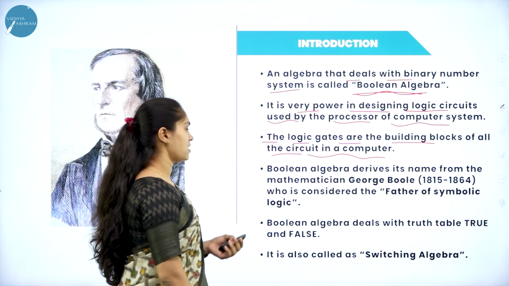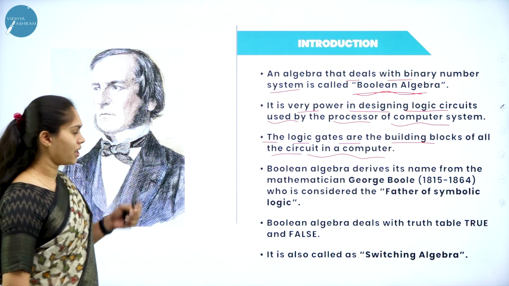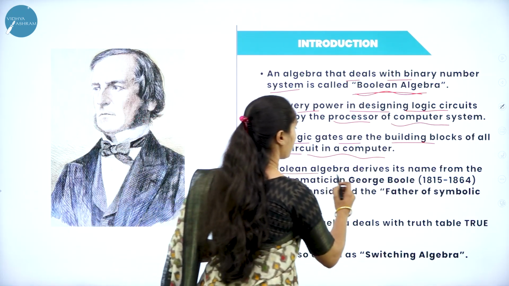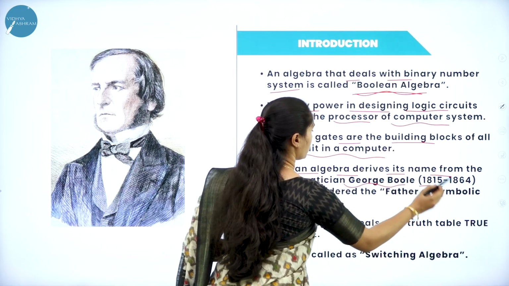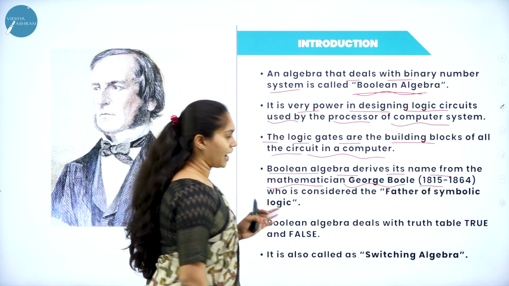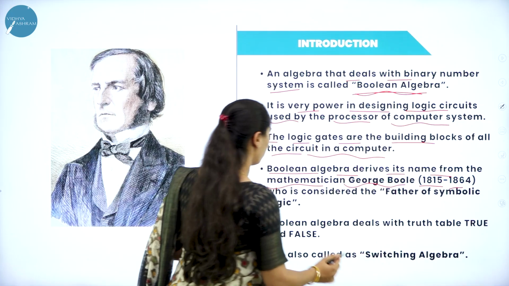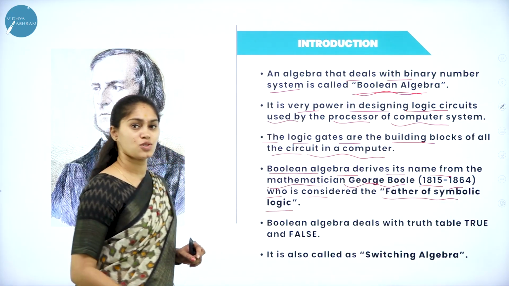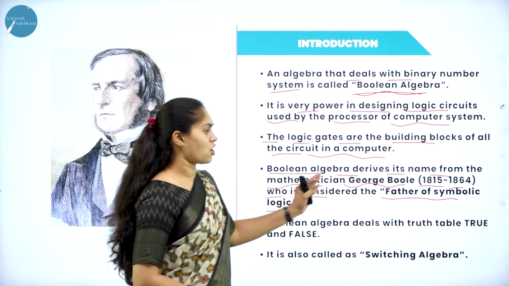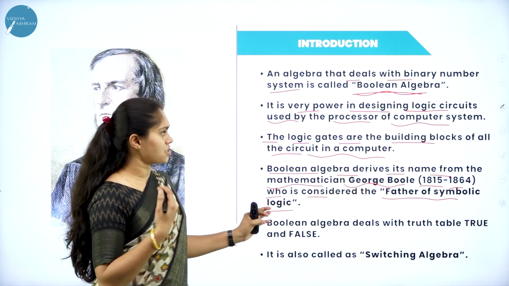Here you can see George Boole, and Boolean algebra has derived its name from the mathematician George Boole. He lived between 1815 and 1864 and is considered the father of symbolic logic. The father of symbolic logic is George Boole, and this symbolic logic is also what?